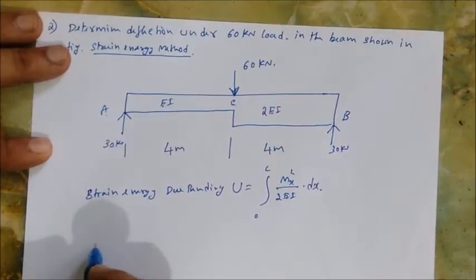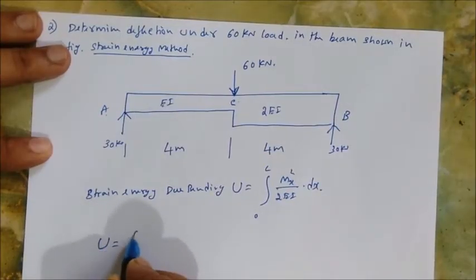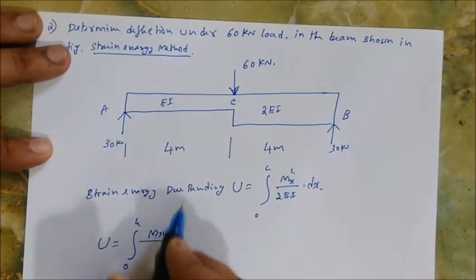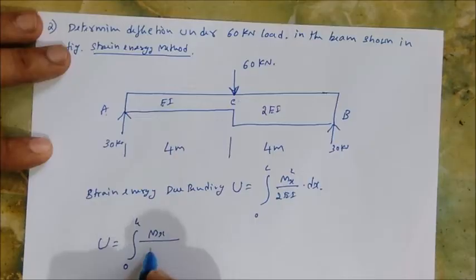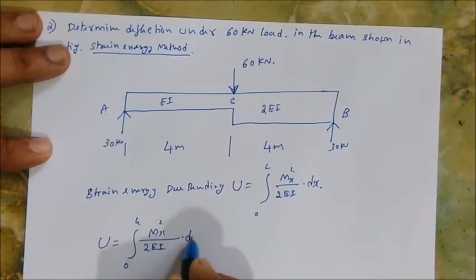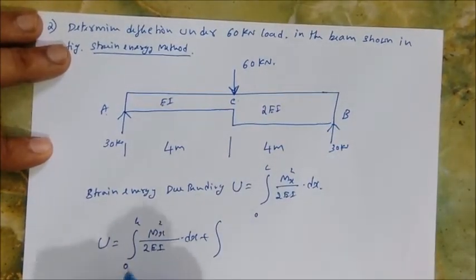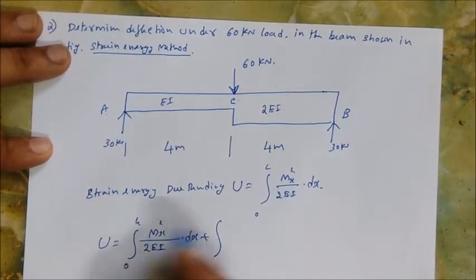Now the strain energy U is equal to integration 0 to 4 of Mx square divided by 2 EI dx, plus integration C to B. If you want, you can write it in the form of A to B and C to A and so on.